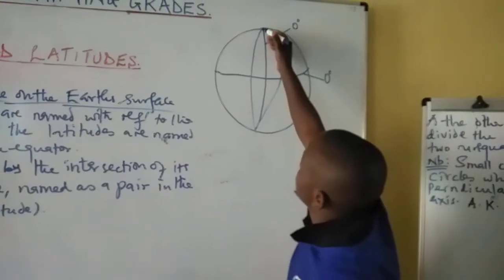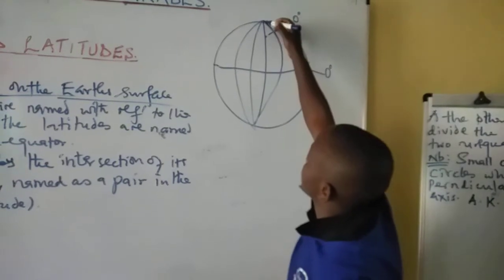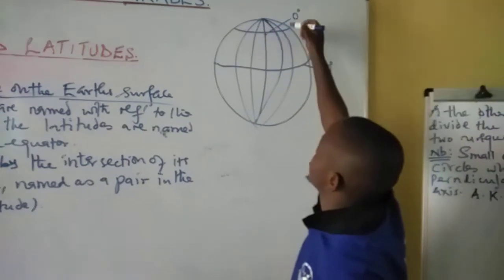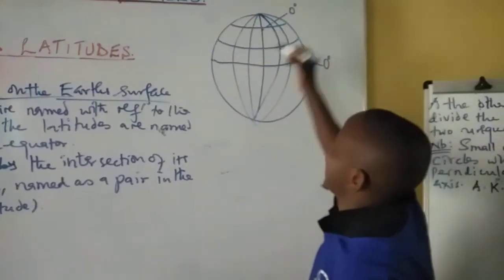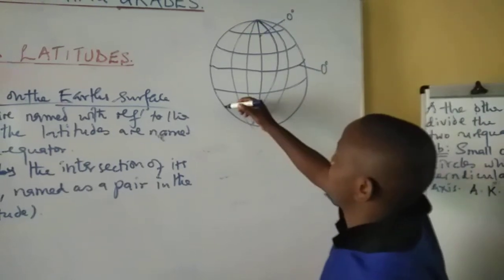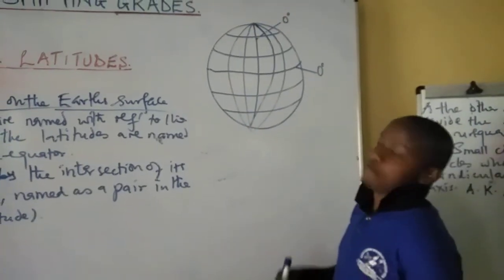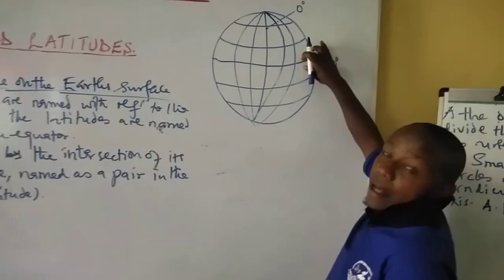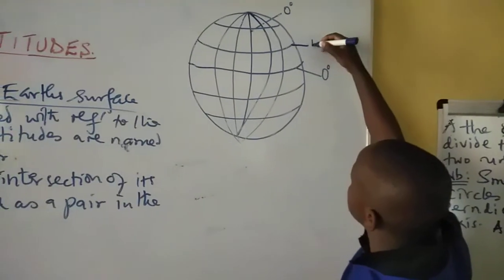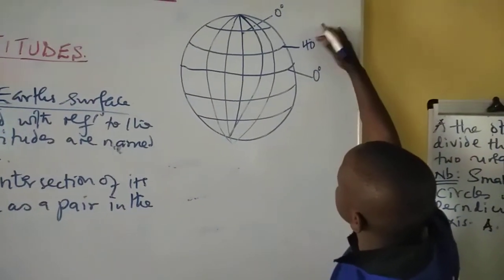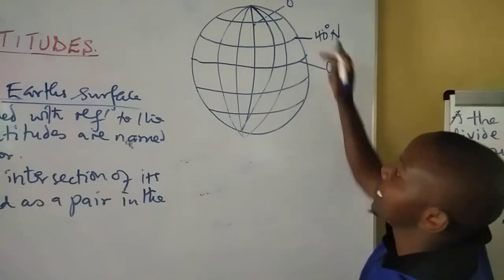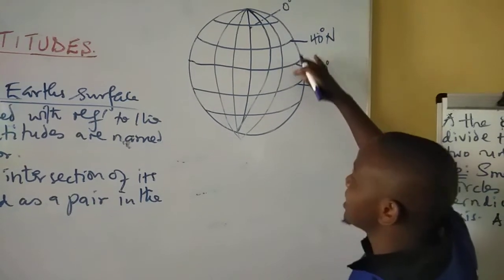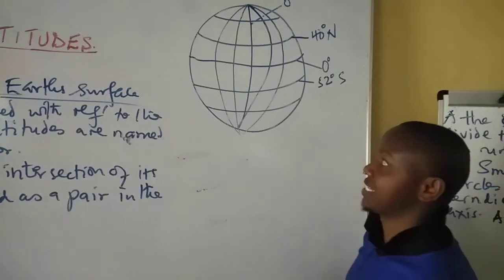These are longitudes, also called great circles. These ones are now small circles, also called latitudes. These are latitudes now. So you may find, for example, from 0 degrees equator, this latitude is 40 degrees and this is the north of equator. This one can be 52 degrees, but this is the south part of equator, like that.